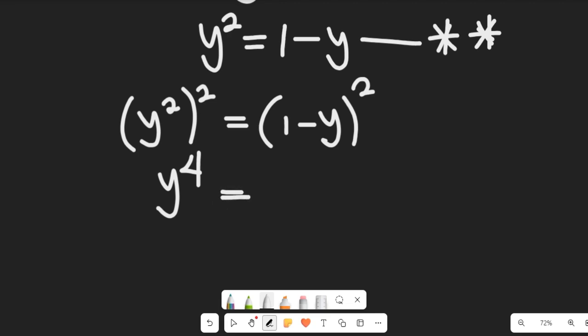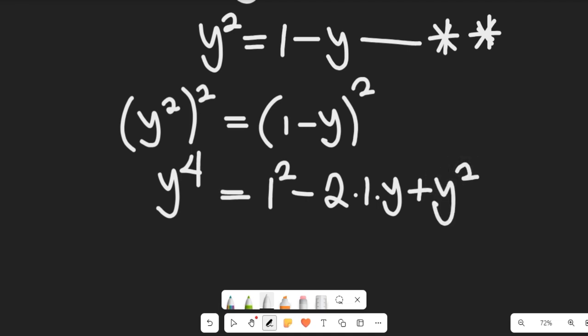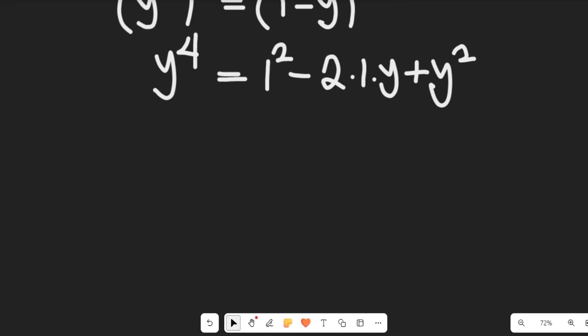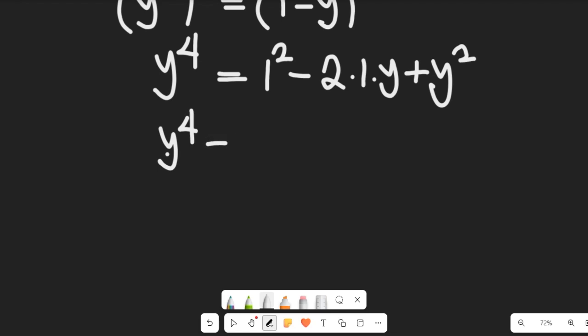Using our algebraic formula, this will give us 1 squared, the first squared, and because it's negative, it's going to give us minus 2 multiplied by the first, multiplied by the second, then plus y squared. Good. So having taken this expression, let's simplify. If we simplify, we're going to have y to the power of 4 equal to 1 minus 2y plus y squared.